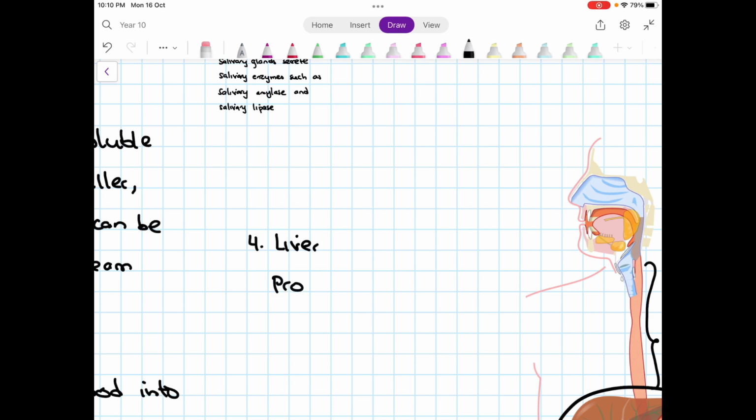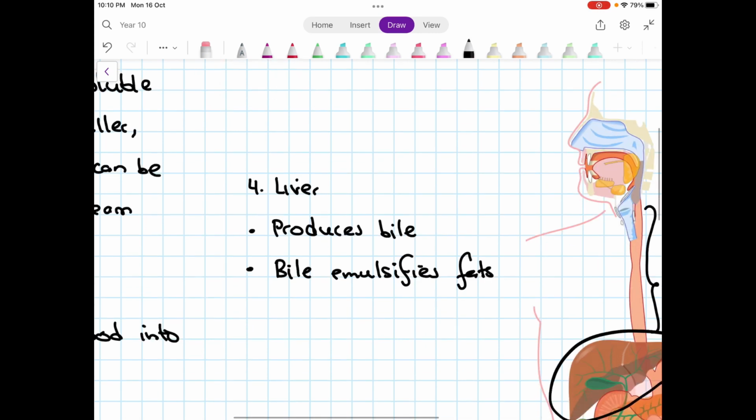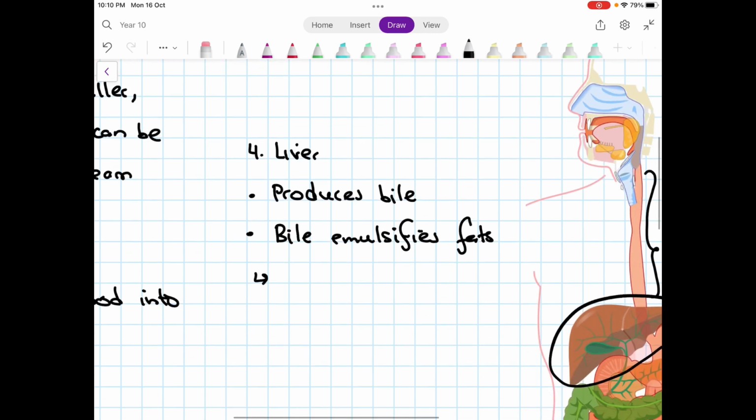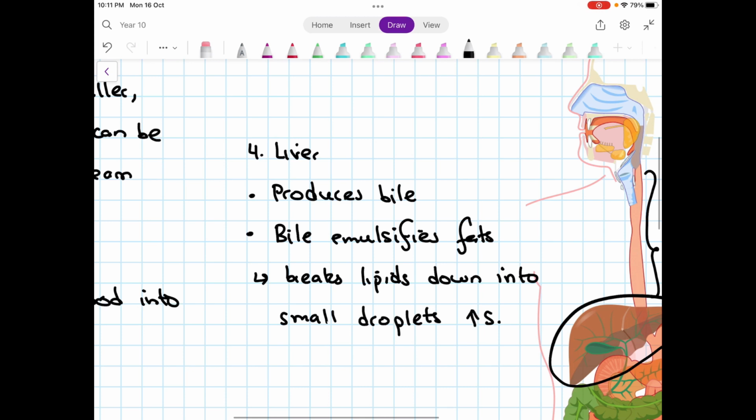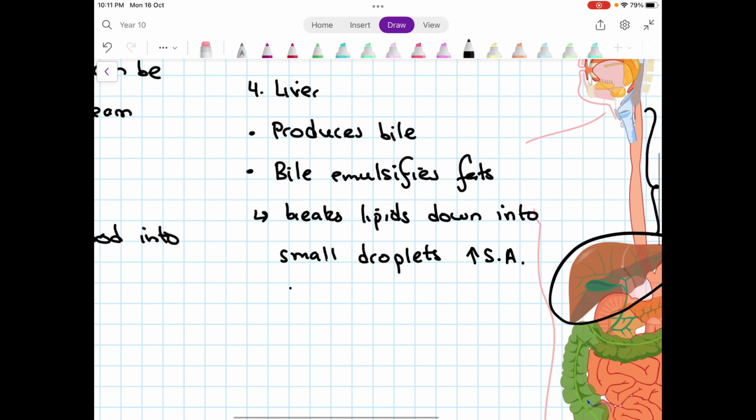The liver is really important because it produces bile, and bile emulsifies fats, which means it breaks it down into small droplets which increases the surface area for lipase to act upon.